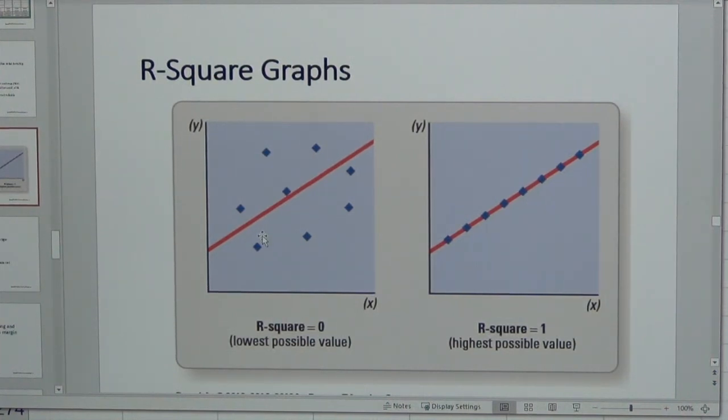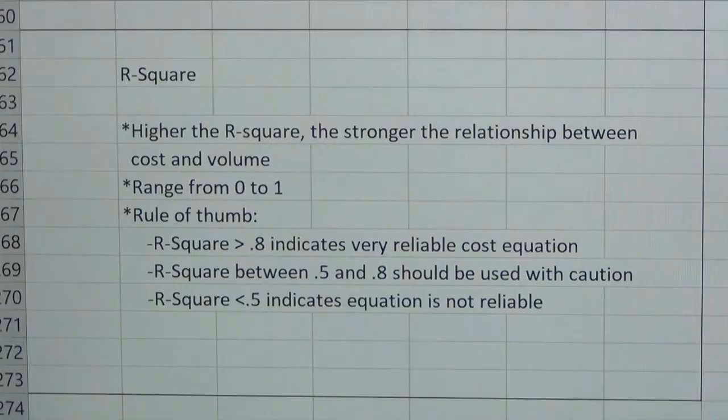That means it's difficult to really judge where things are going to be in the future when things are so scattered this way. By the same token, if you have everything lined up perfectly, then this is a very, very strong correlation. There's no question that all these data points lined up perfectly, so we could rely on this heavily. This is an example of R square equals 0. This would be an example of R square equals 1. In most cases, something's going to fall in between R square of 0 and R square of 1, but you can see the extremes and know what we mean by that.